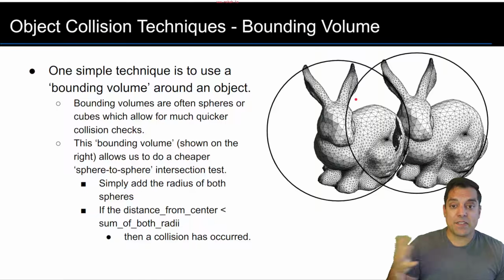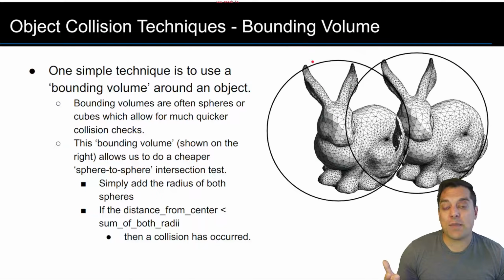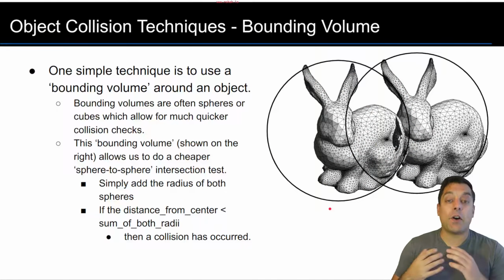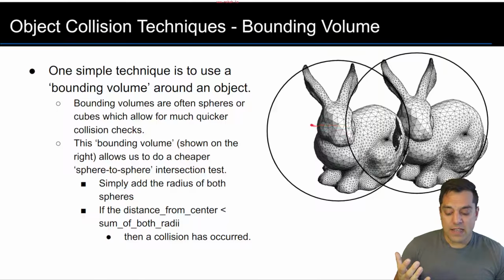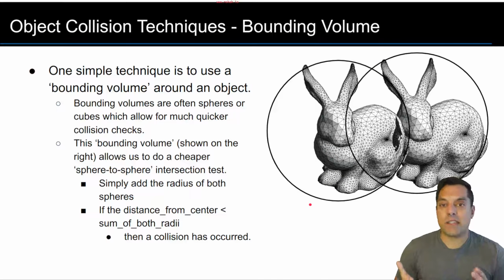The simplest approximation that we can usually come up with is a sphere. Let's put this bunny in a sphere, which I've represented with a circle here, and we call this a bounding volume. Now I can use this simpler sphere where I know the radius and I know the center, and then I can determine, hey, if the distance between the centers of these spheres is less than the sum of both radii, then there must be some intersection.